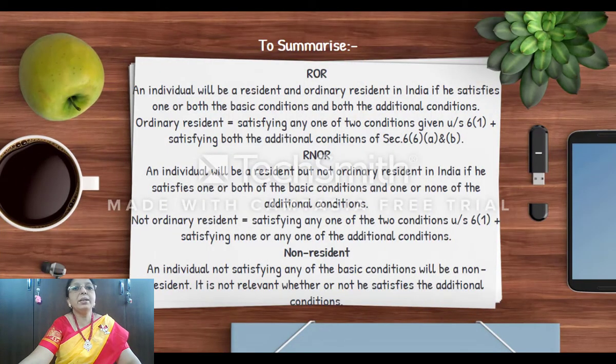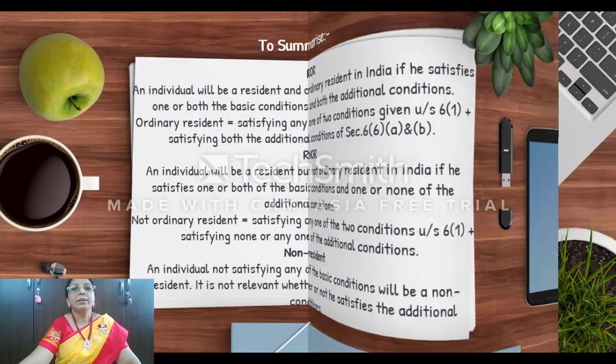So to summarize, resident and ordinarily resident, resident and not ordinarily resident, and a non-resident. For resident and ordinarily resident, one basic condition and two additional conditions. For resident and not ordinarily resident, one basic condition plus one additional condition, or one basic condition and no additional condition. For non-resident, no basic condition is fulfilled.